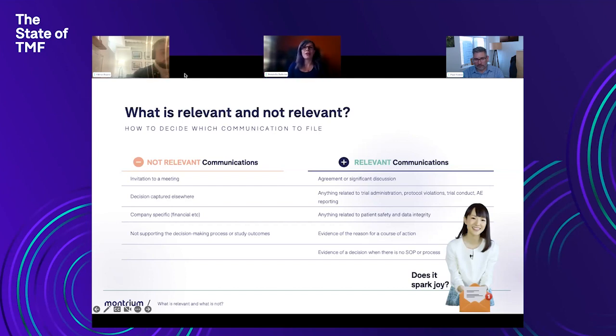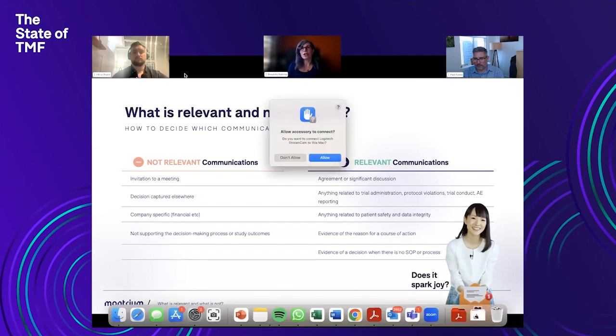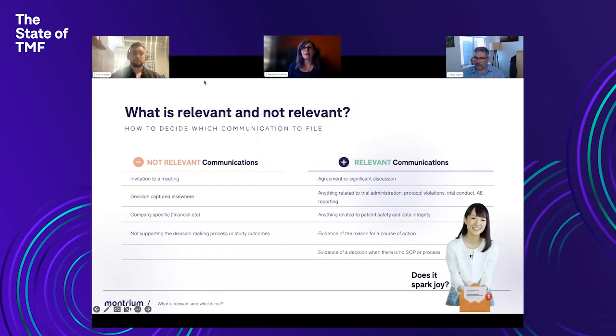So we do everything to ensure patient rights, patient safety, well-being, and the reliability of the data at the end of the study. So obviously, if an email is related to these two main parameters, that will become a relevant email.